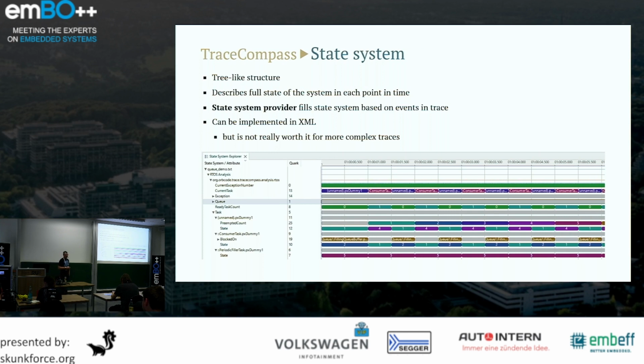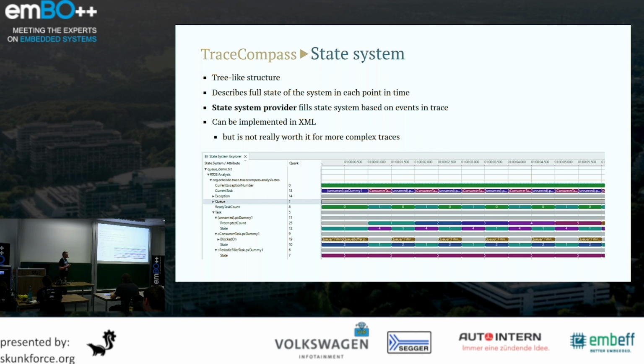But looking at an event list alone is not the most useful thing to do. I would like to get some more structured information from it. And TraceCompass uses a mechanism called state system to describe what is going on inside the system at each given point in time.